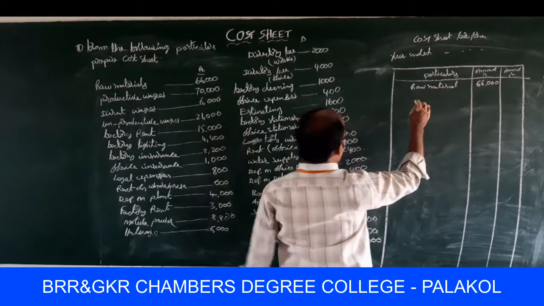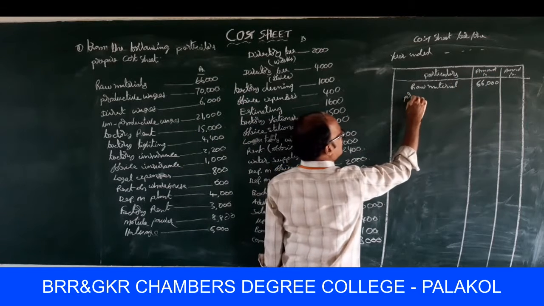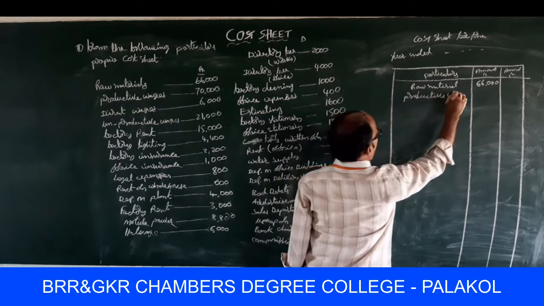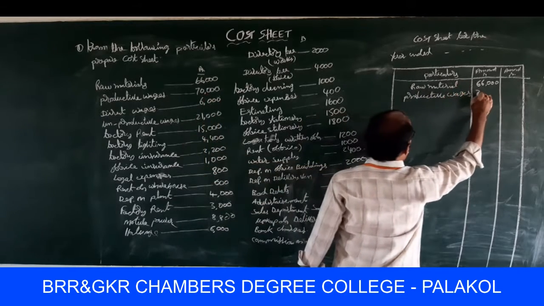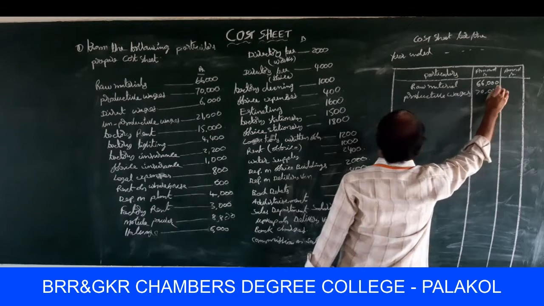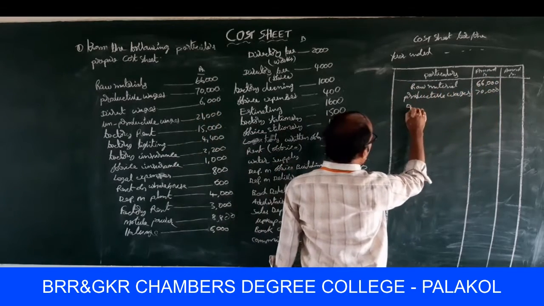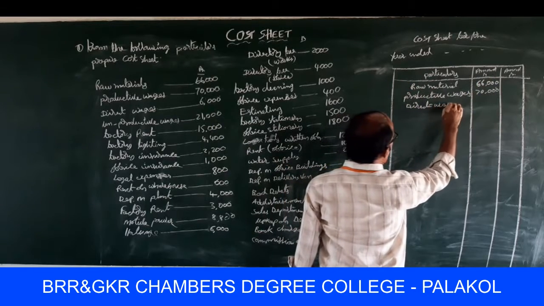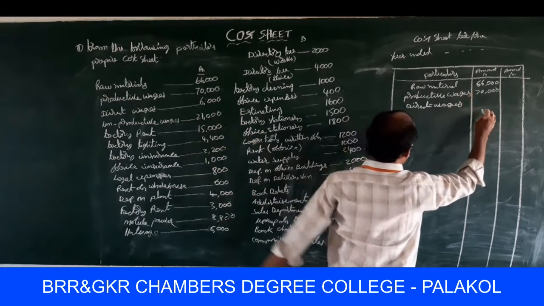Next one, productive wages, how much? 70,000. Next one, direct wages, how much? 6,000.